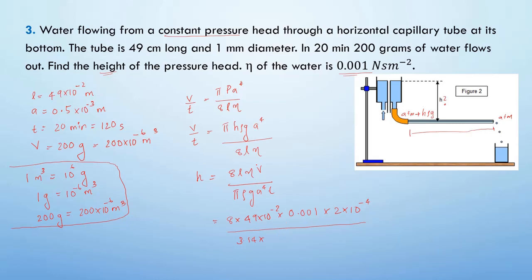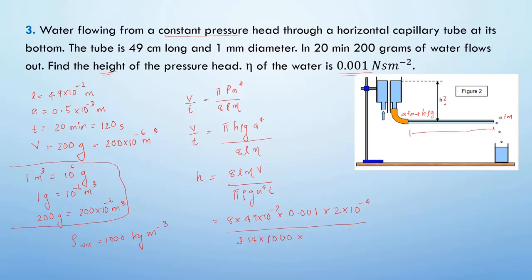Rho is the density, and we know that density of water is 1000 kilogram per meter cube, because it's water; density of water is always a constant.